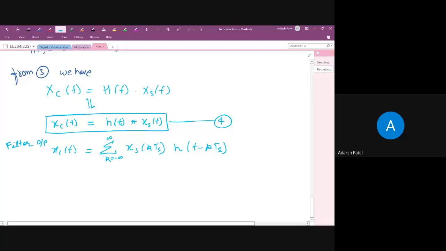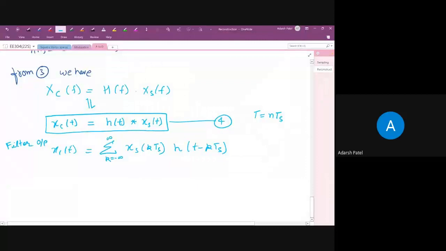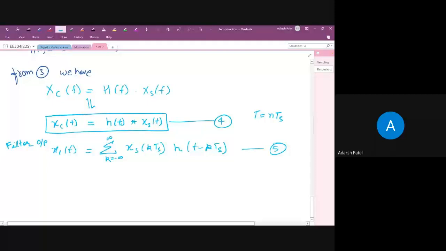Why? Because we know x_s(t) is the sampled version, so it will have impulses only at t equal to nT_s. So I can equivalently write this as equation number 5. I hope equation number 5 is clear to everyone. Anyone who has not understood equation number 5?